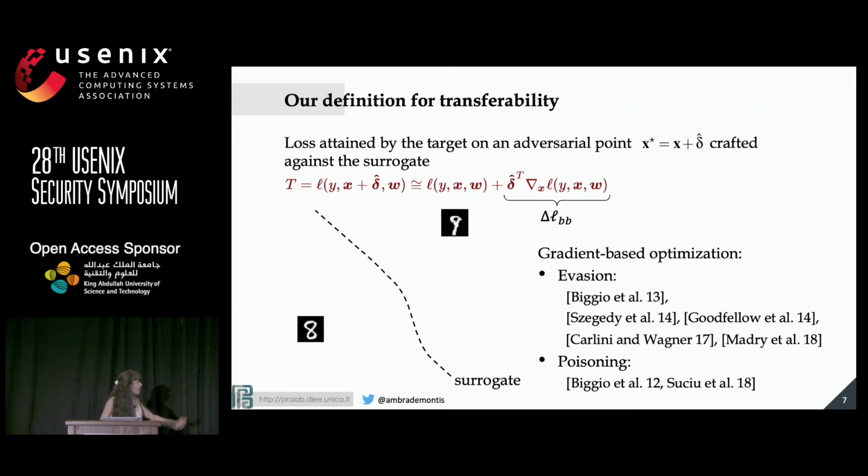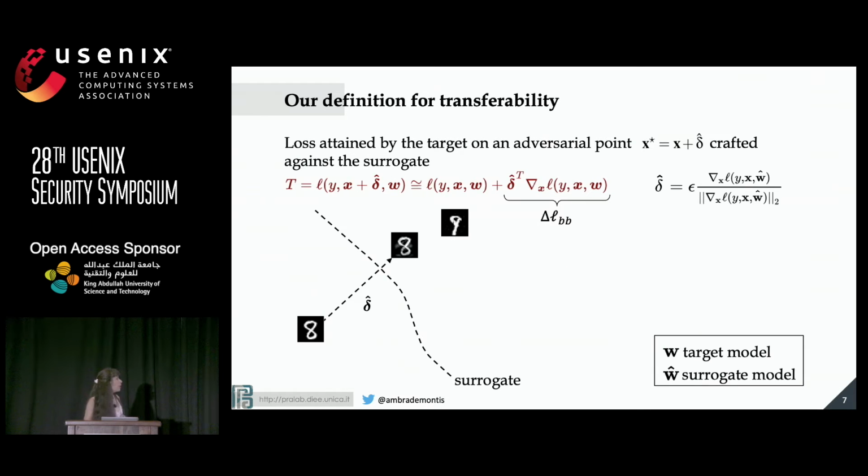But going back to our example, if we suppose that the attacker can make just one iteration, the optimal perturbation in this case will be the one aligned with the gradient of the surrogate. And we will find this adversarial sample that in this case is not able to transfer. It basically goes through the decision region of the surrogate, but not the one of the target.